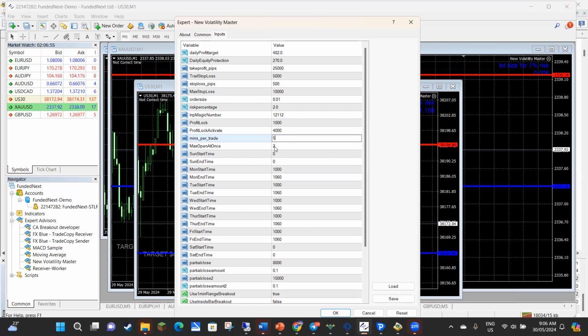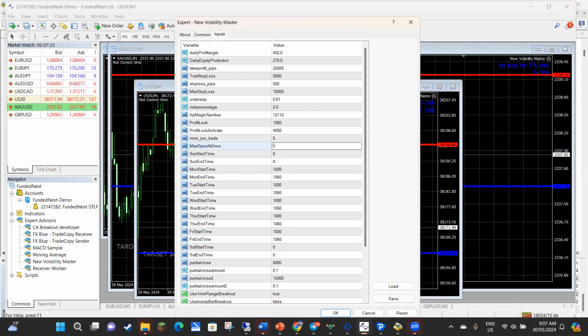I don't think it's super important with this version of the software, simply because it'll take out that first trade when it breaks above or below that 1 minute range, but then it won't take out the second trade until the first trade's profit lock's kicked in. So not until it's a no risk trade, and it won't take out a third trade unless the first two are risk free.